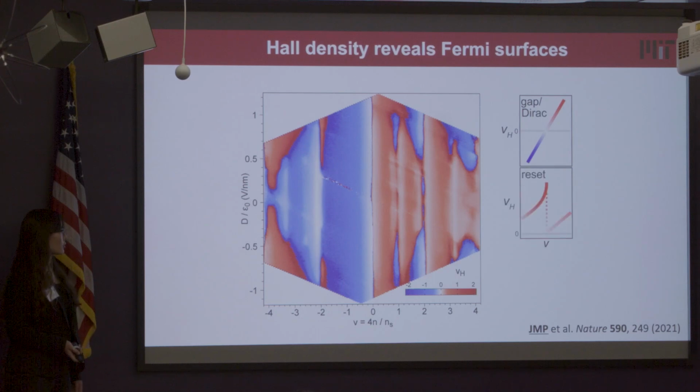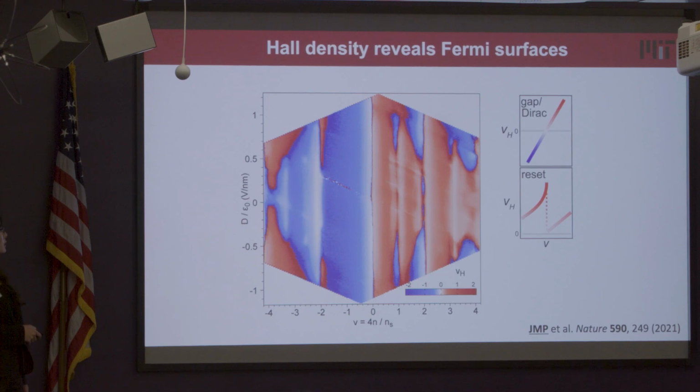Another feature we can pay attention to is this resetting feature, where your hole density was increasing, but then all of a sudden it drops to 0, and then it starts refilling. So it resets to the 0 density in some sense. That resetting feature happens at low displacement field integer filling factors, as you can see in these regions.